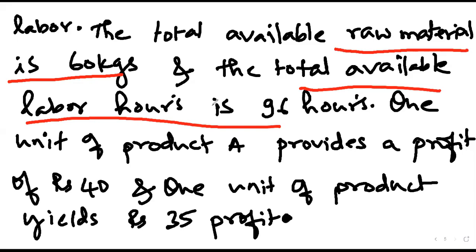How much the company has purchased is a very important aspect, because based on that, the total number of products that can be made is decided. Similarly, labor hours: contract basis labors are hired.